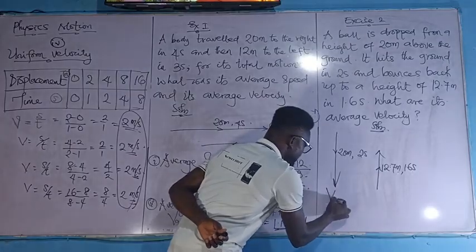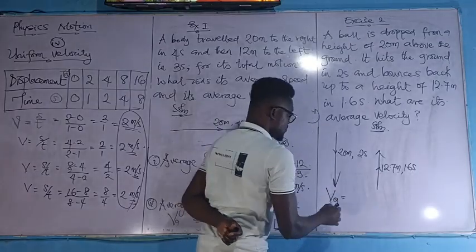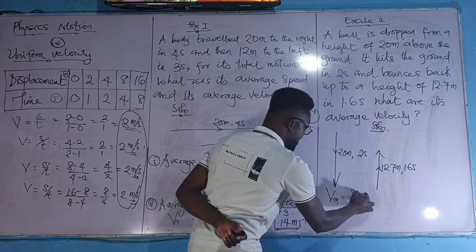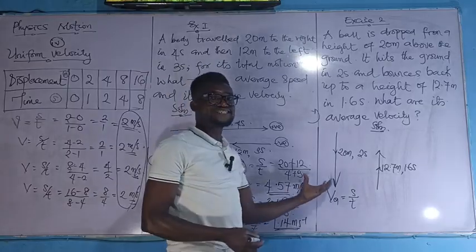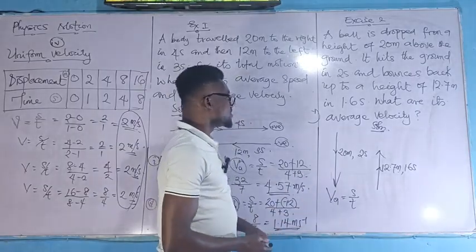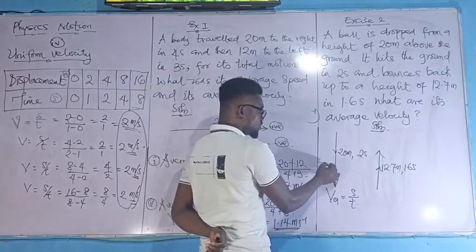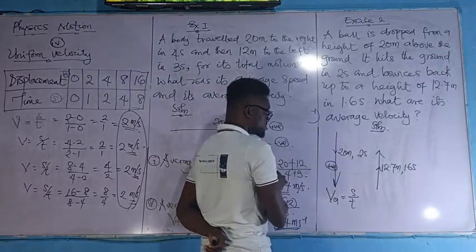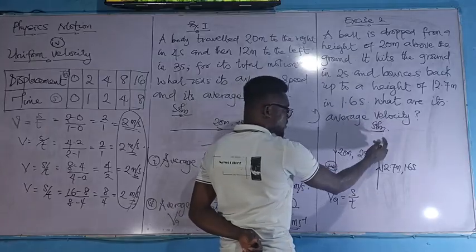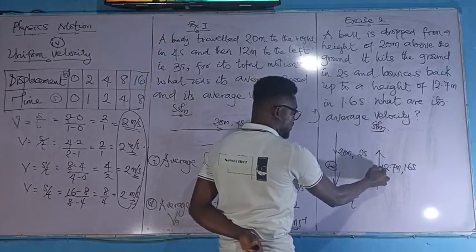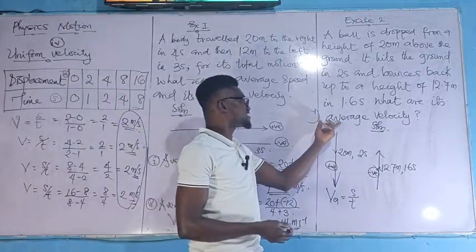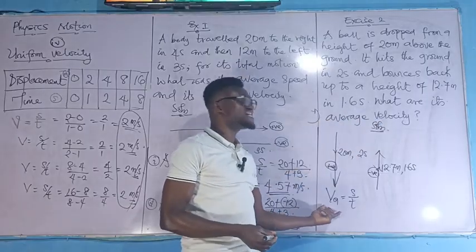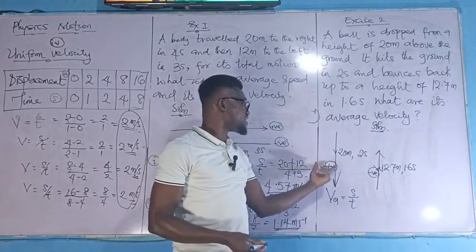So for the average velocity, we have the total displacement over total time. Now we have to consider the direction. If we take the downward motion to be positive, then the upward motion now becomes negative. Because we are working with average velocity, and velocity has a direction, we have considered this.